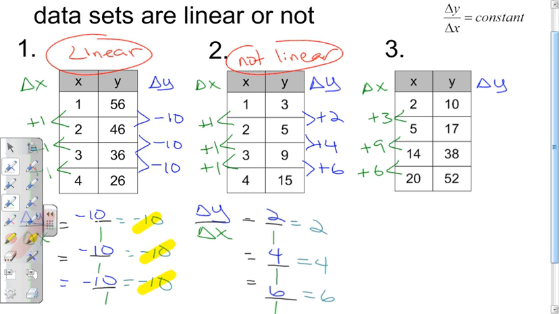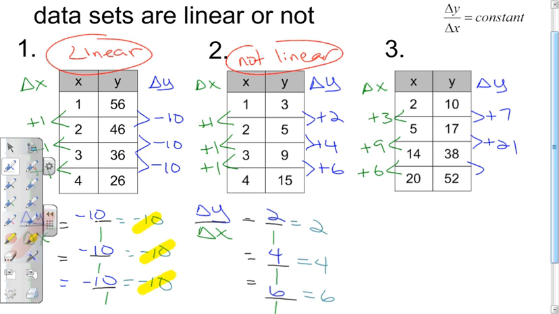Now, in the delta y column, 10 to 17 is plus 7. Now, 17 to 38, if I don't know that off the top of my head, I ask how much did it change; change is always dictated by the difference. So it's just 38 minus 17, which is plus 21.